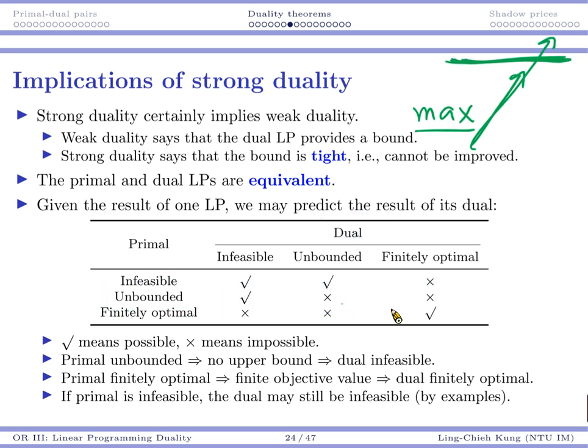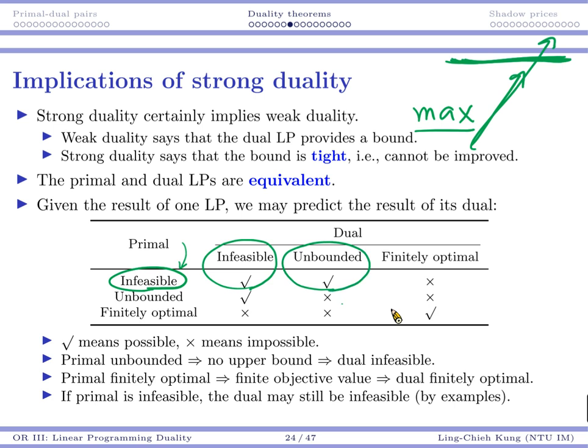Okay. Lastly, if your primal is infeasible, well, then you don't really have a lot of information about the dual. You only know that it cannot be the case that your dual has an optimal solution. If your dual has a feasible solution, there's no way that your primal has no feasible solution. So there are two possible cases. When your primal is infeasible, maybe your dual is infeasible, or maybe your dual is unbounded.